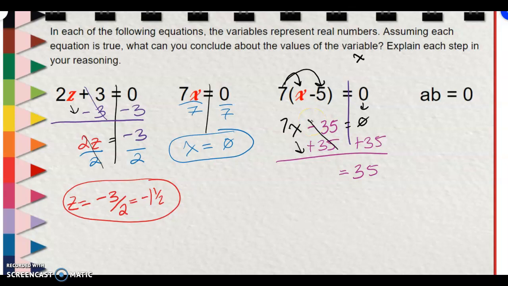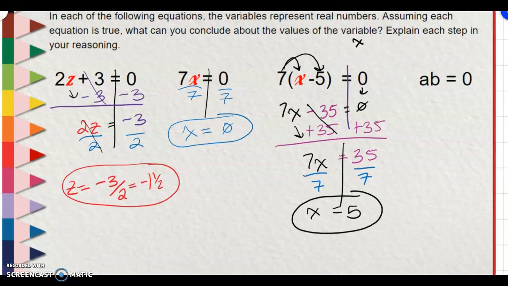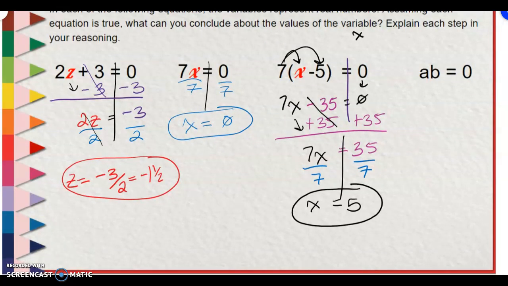These cancel, I'm left with 7x, and again, divide by 7. Oh, hey, look! x needs to be equal to 5. Interesting. Because if we plug this 5 back in, I essentially have 5 minus 5 equals 0, and this would be 0 times 7, which would give me 0.